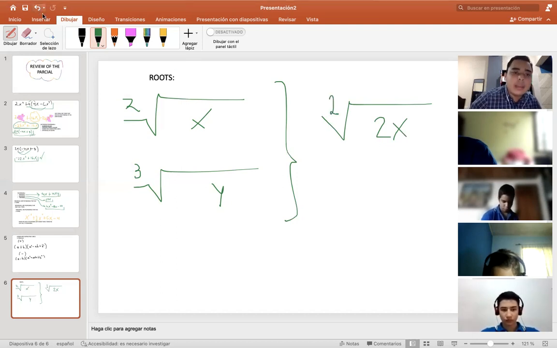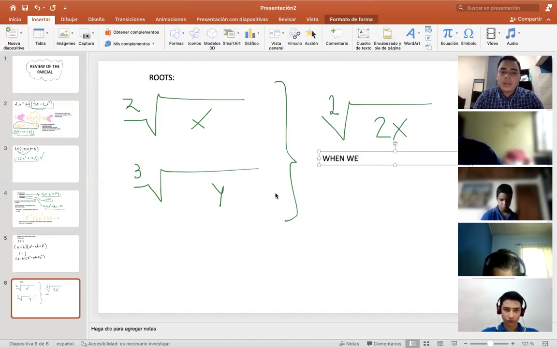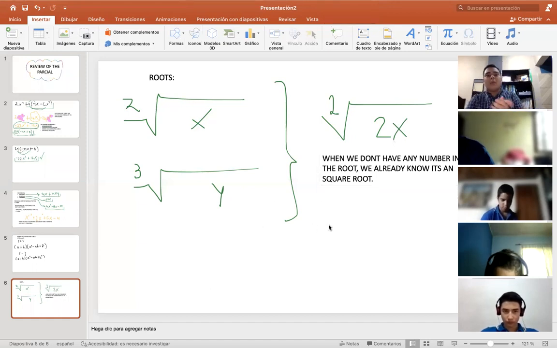So we can add a new comment in here. When we don't have any number in the root, we already know it's a square root.